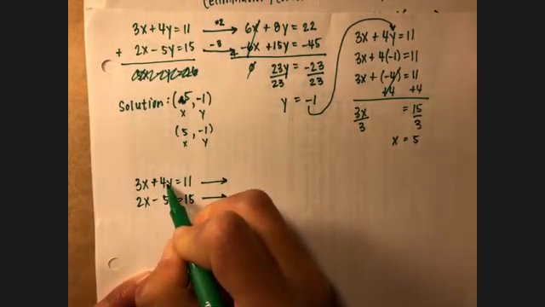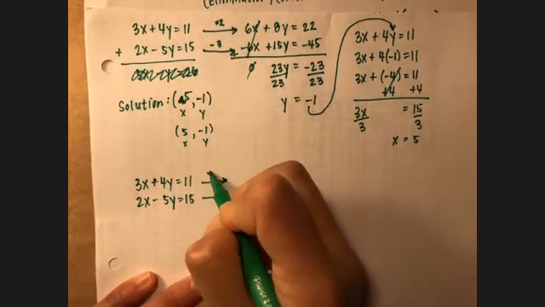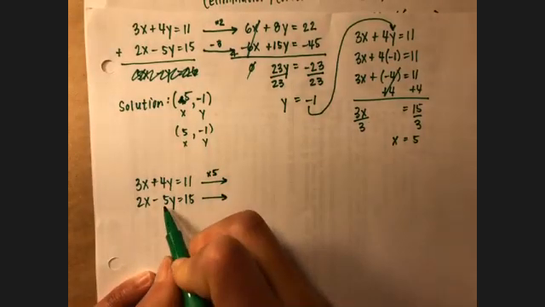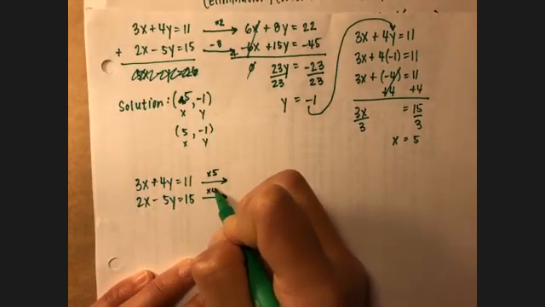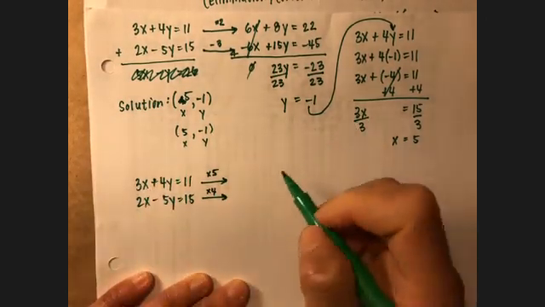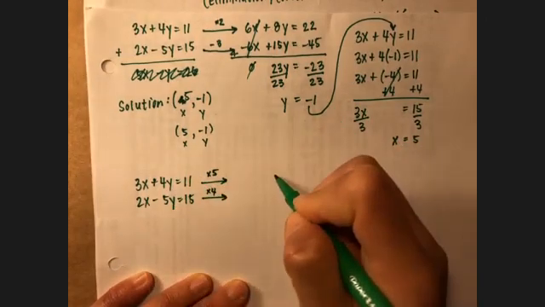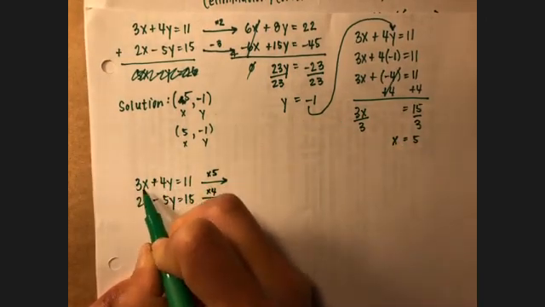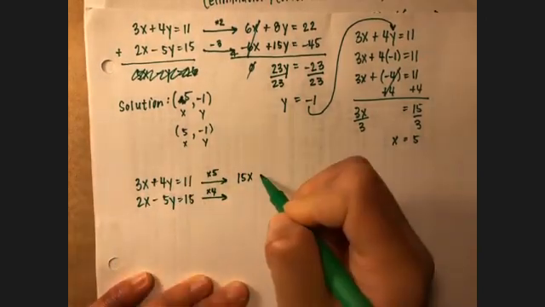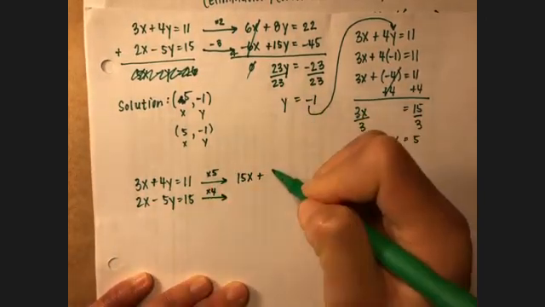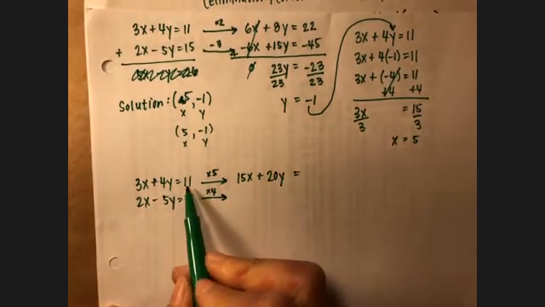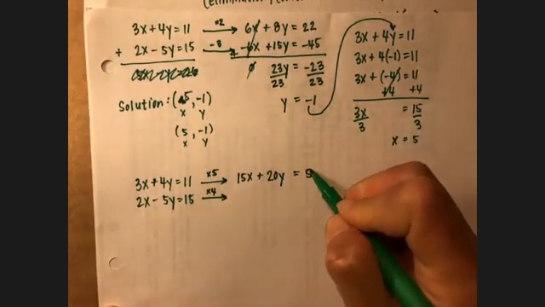I'm going to do this. I know 4y times 5 equals positive 20. And I know -5 times 4 equals negative 20. So let's do the whole equation. 3x times 5 is 15x plus 4y times 5 is 20y equals 11 times 5 is 55.